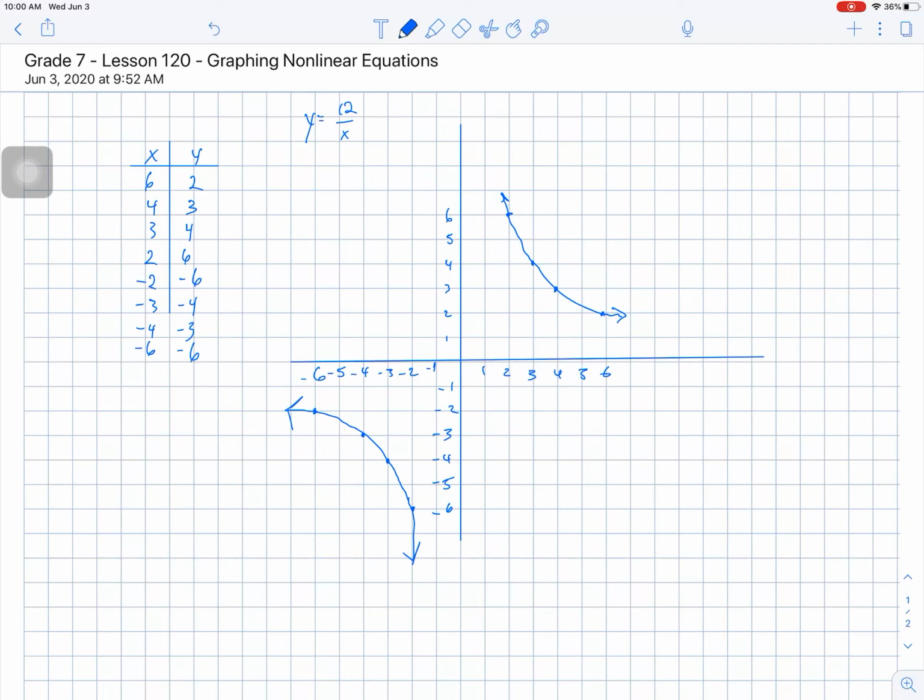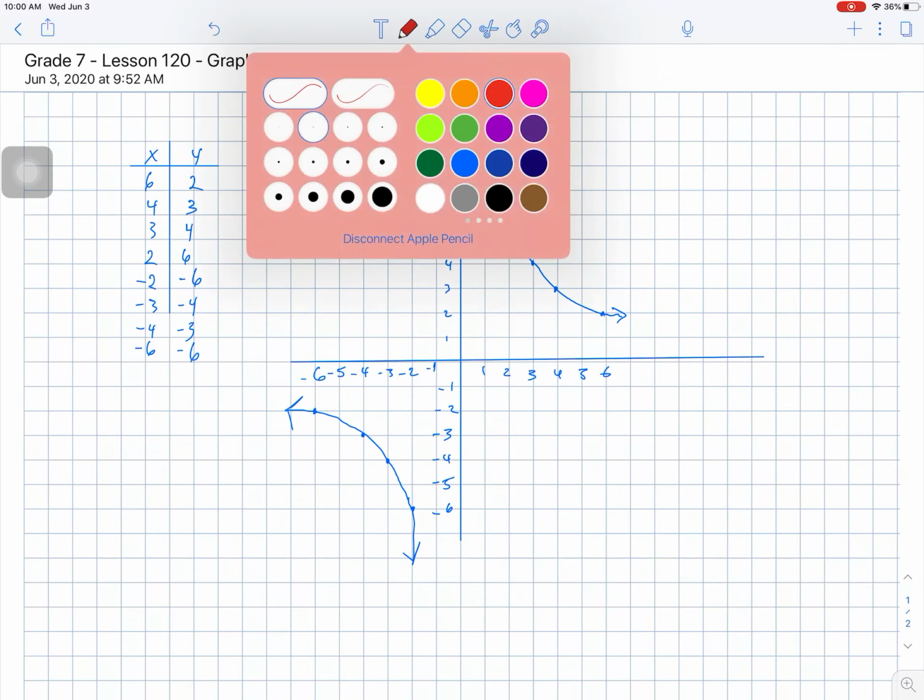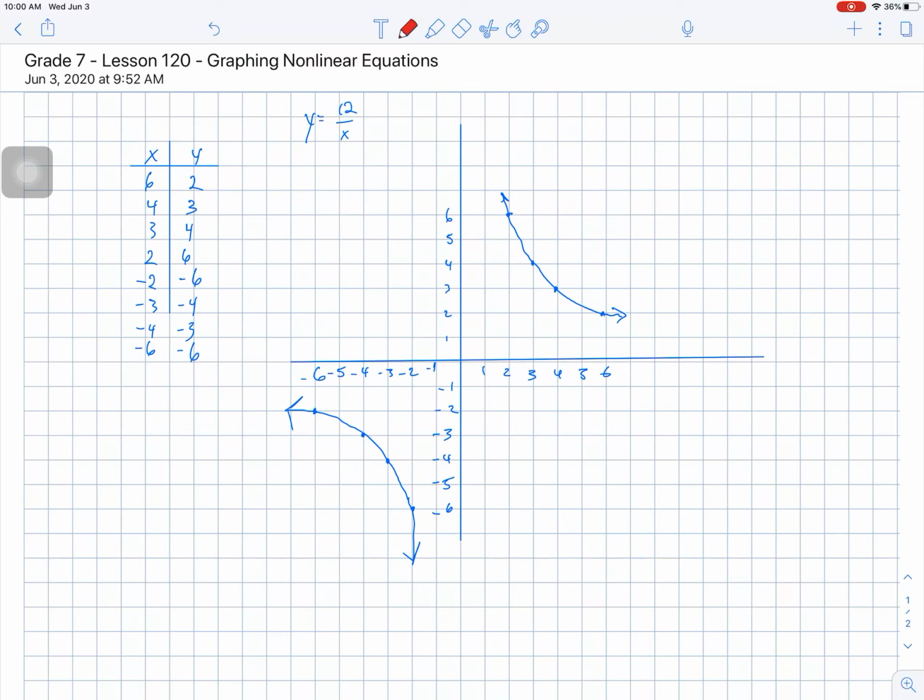All right, so we're going to see the next one right here, which is y equals x squared minus 2. We're going to use those same numbers that we had there as well.